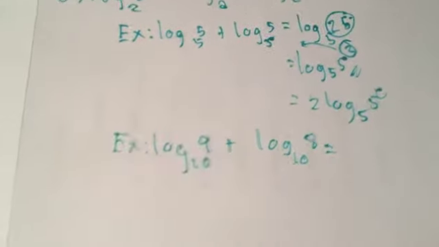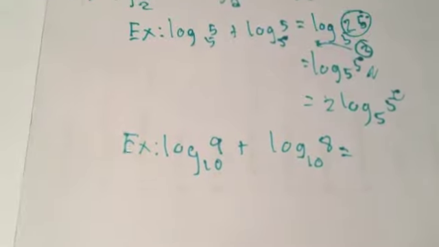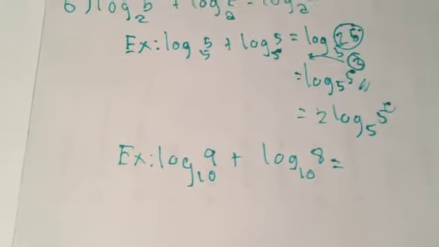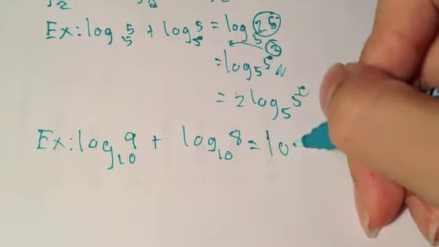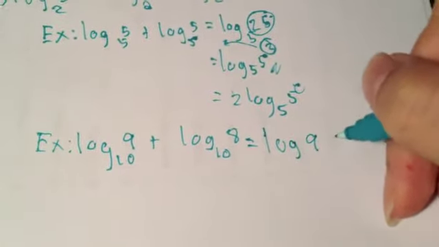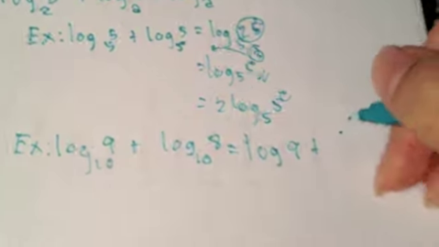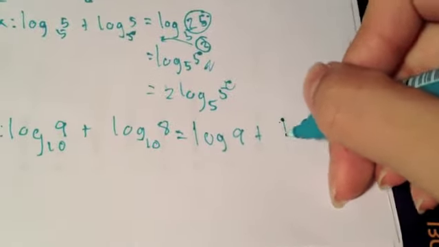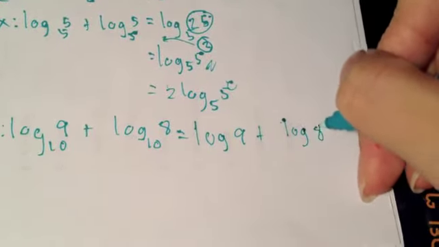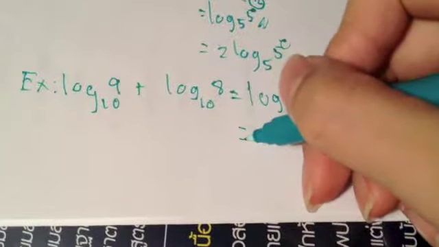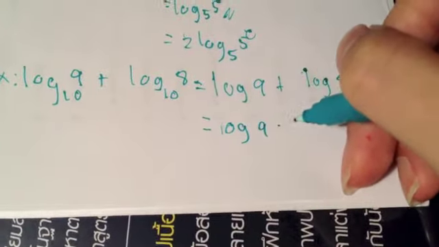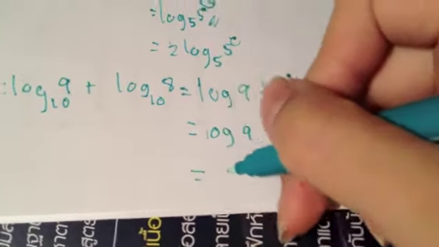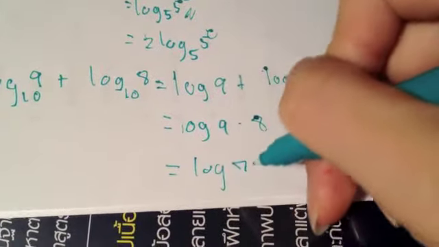If the log is base 10, you need to write the base 10. So this is gonna be log 9 plus log 8 only. And log 9 plus log 8 is equal to log 9 times 8. And that's gonna equal to log 72.